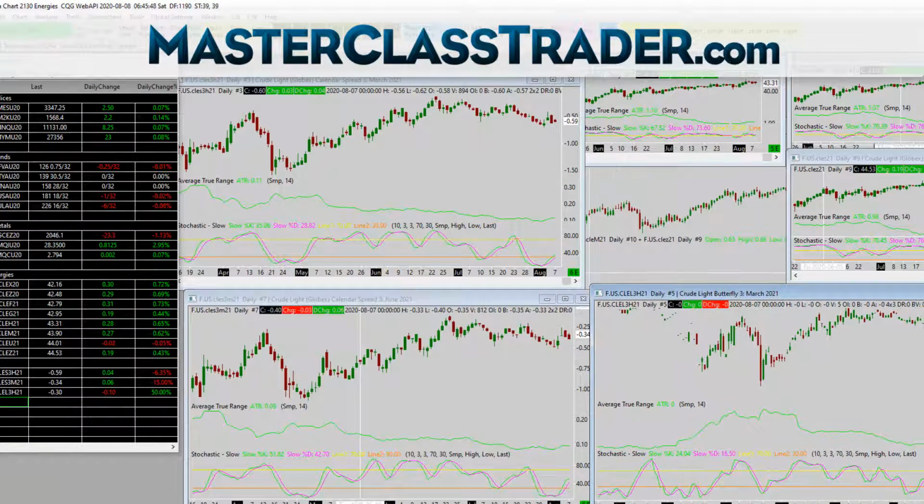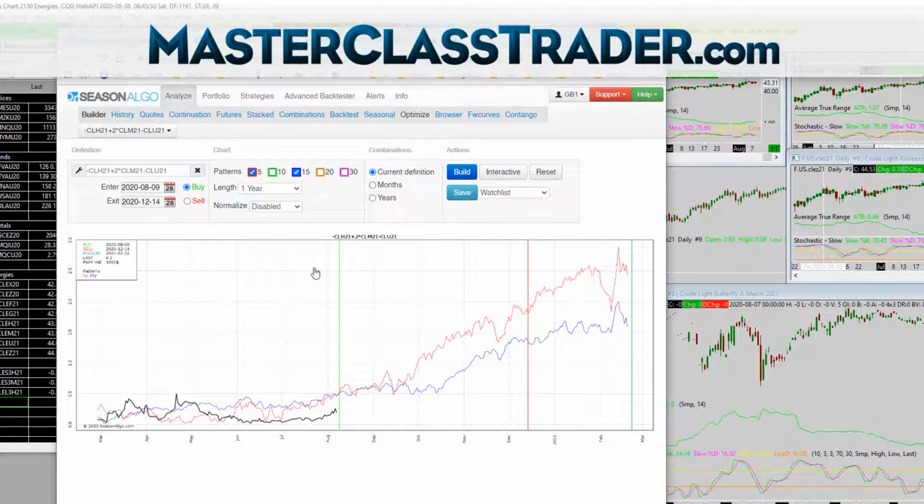But here I want to look at a particular position. I'm looking at shorting this butterfly, and this is showing me that this spread as a short would have been making more money in the last few months. Now, why am I doing this? This is where we get into seasonality.